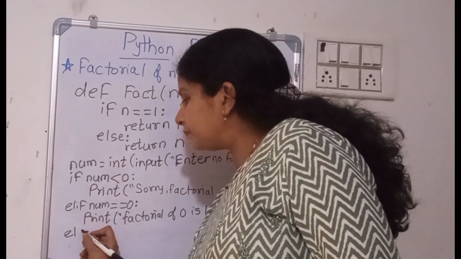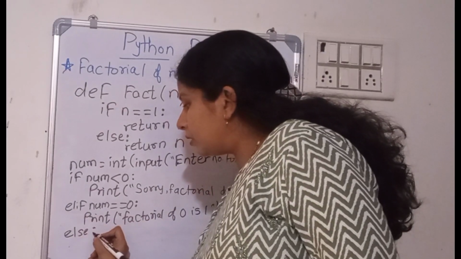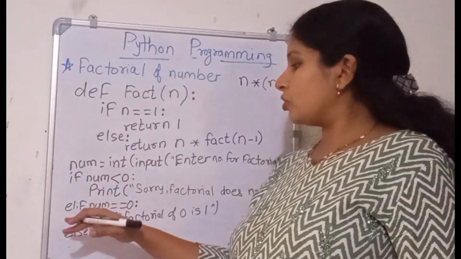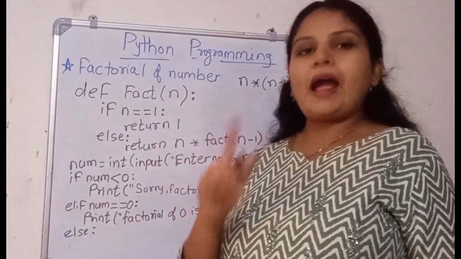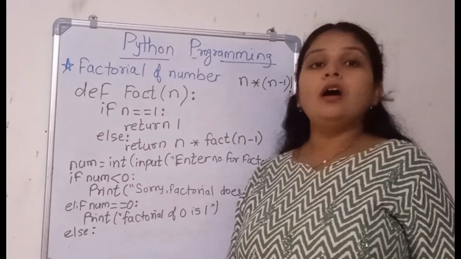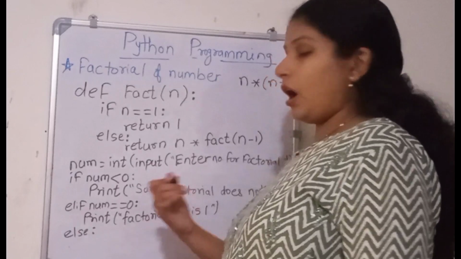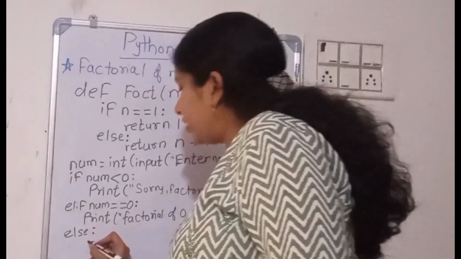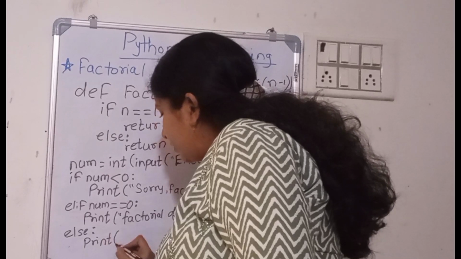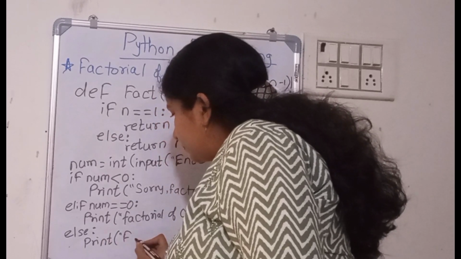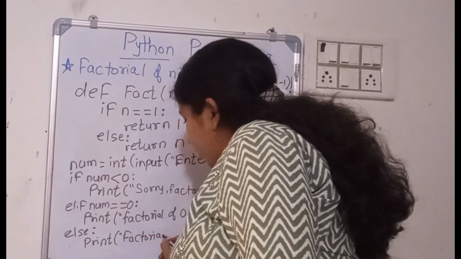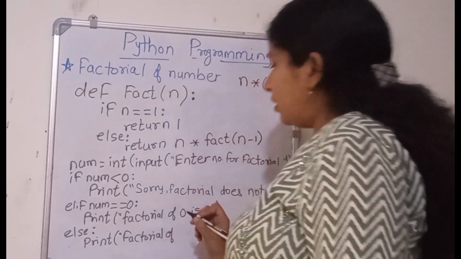So else, now just print the message directly in the print function, and within the print function only we are calling the fact function. So how to call it? Just write down print, Now factorial of num.